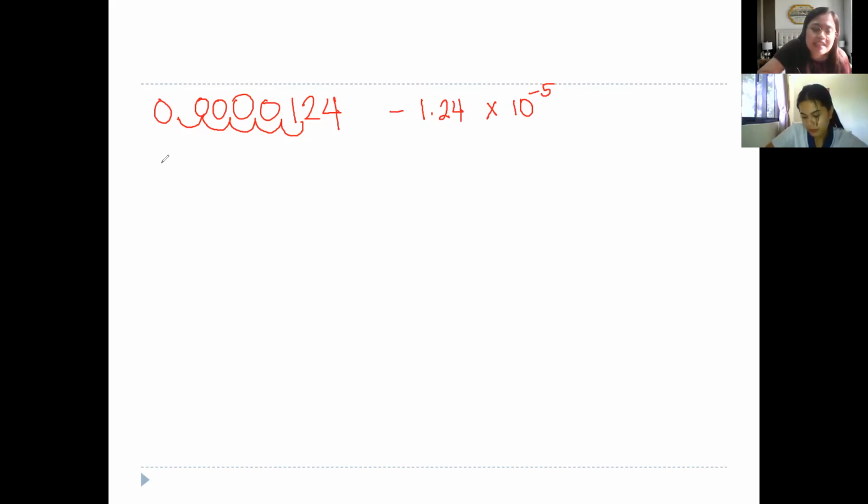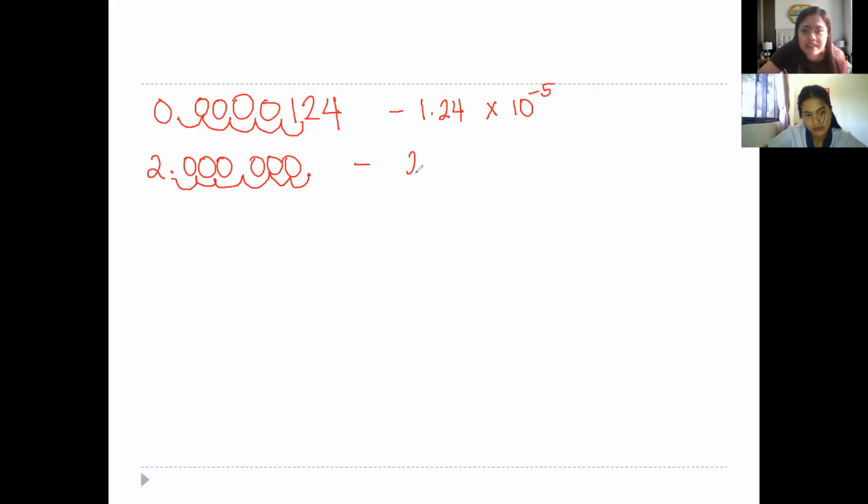But if it is a very large number, like we have here 2 million, the decimal is placed here at the last part. So we will be moving the decimal to the left, the opposite. 1, 2, 3, 4, 5, and 6.